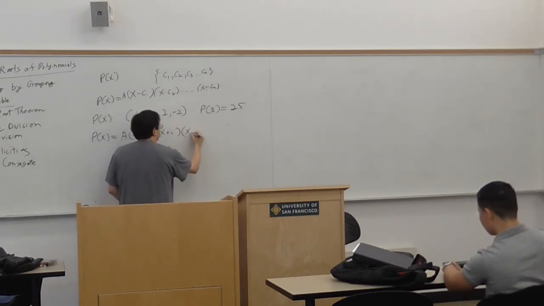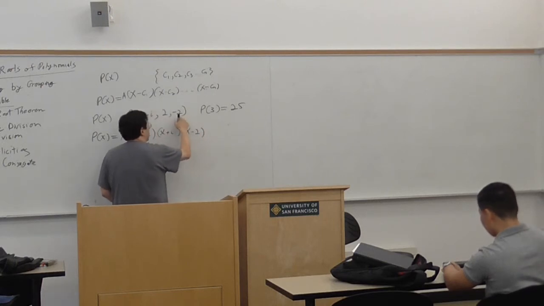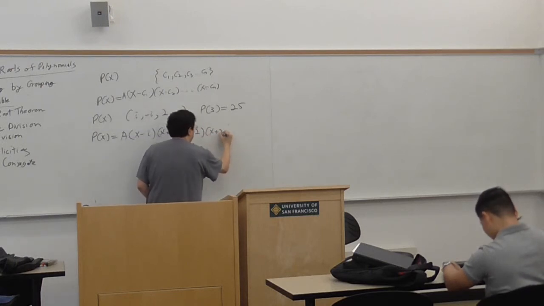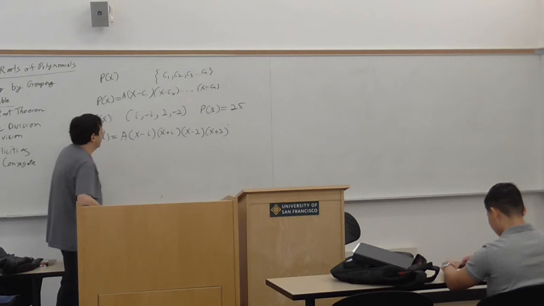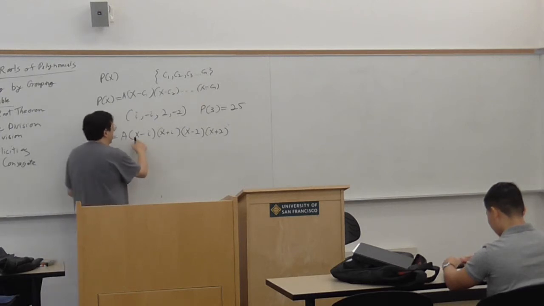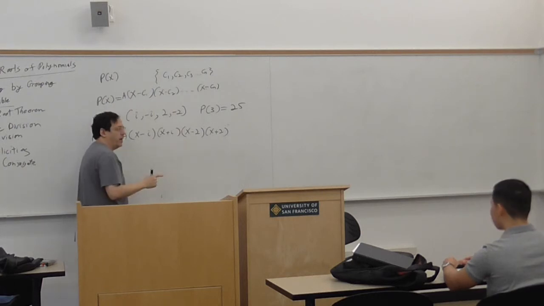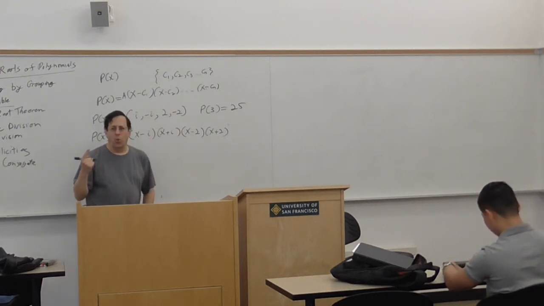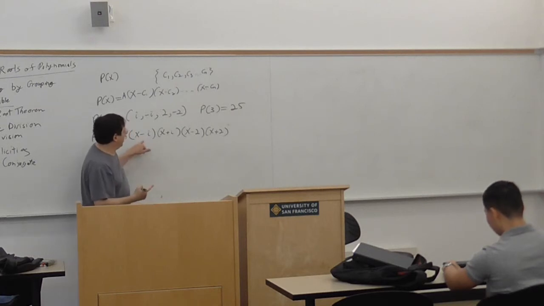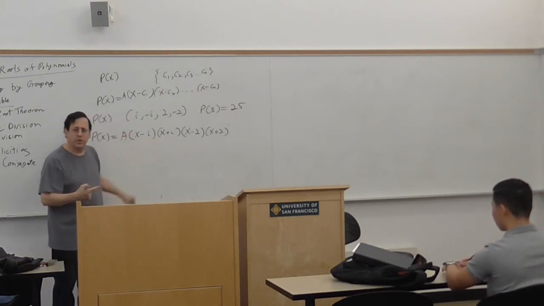I'm going to have x minus 2 and x minus minus 2, x plus 2. And let me do a little multiplication here. x minus i times x plus i. That has to be what?